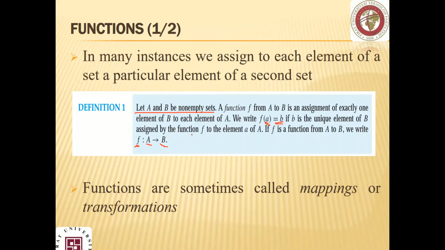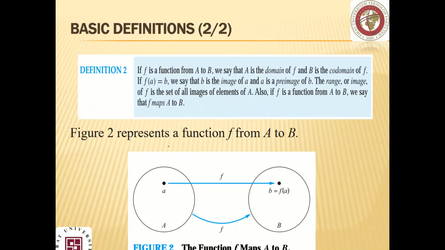As I said, we refer to this kind of operation as mapping, and sometimes as transformation. Why mapping or transformation? We are mapping the element a to produce b by a certain function, or we are transforming a, as an input of a function, to produce b as an element of the set B. Now the specific definition: if we have a function from A to B, we say A, the set, is the domain.